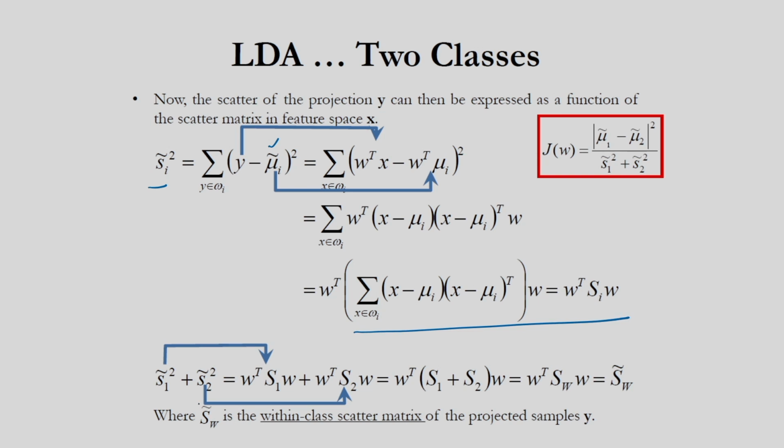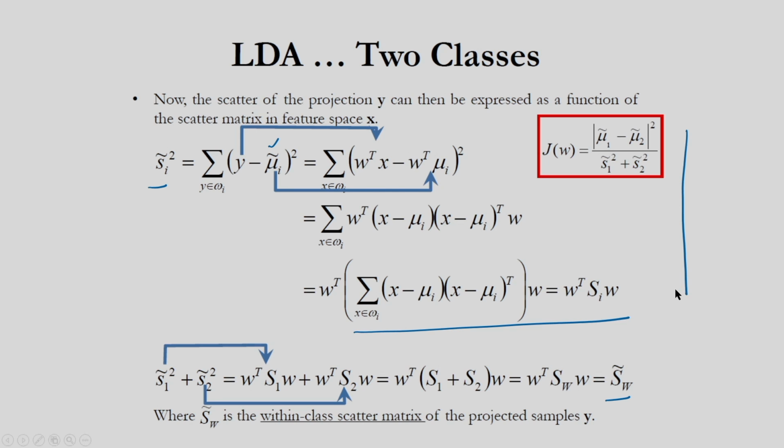Similarly you can also determine S1 tilde square and S2 tilde square, and that is nothing but Sw tilde, the within class scatter matrix of the projected sample Y. You can see the mathematics and this derivation.